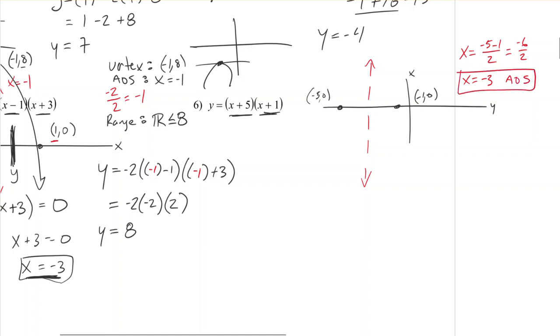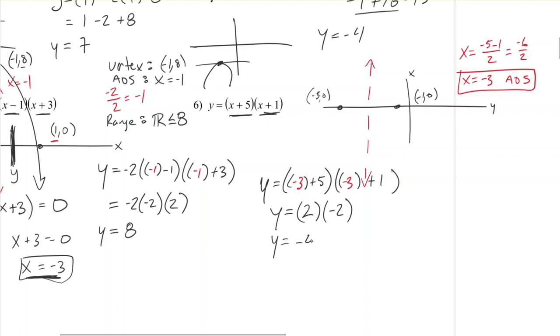So now we want to find our vertex. We're going to take our equation, y equals the quantity x plus 5 times the quantity x plus 1, and we're going to sub in the value of our axis of symmetry, which is negative 3. It's the x value of our vertex. Negative 3 plus 5 makes 2, and negative 3 plus 1 makes negative 2, and that's 2 negative factors, so y is negative 4.